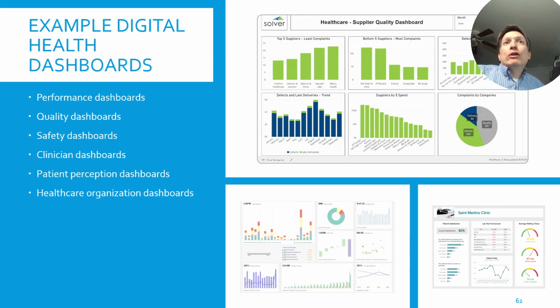We can also have quality dashboards that are comparing with another performance. Safety dashboards: are we having accidents? Are we having unexpected events? Clinical dashboards, showing flow in the hospital. Patient perception dashboards that are telling us what the evaluations are. The health organization dashboards: what is the revenue, what is the flow of patients, and how things are doing.